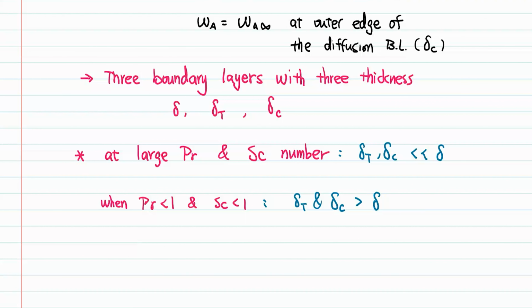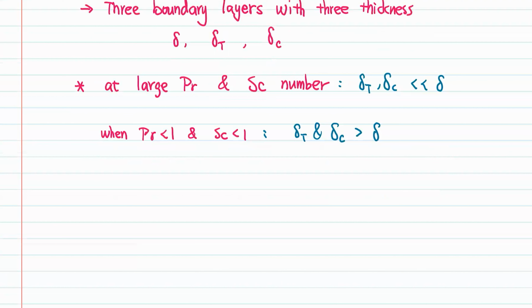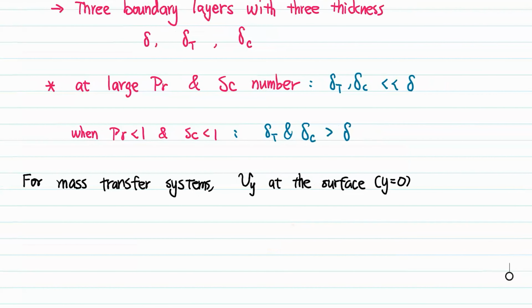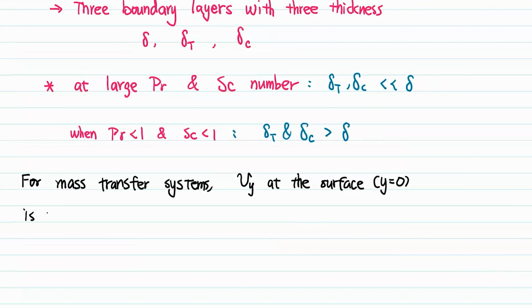So putting that into a more descriptive way, that means that for mass transfer systems, the normal velocity in the y direction at the surface, meaning when y equals 0, is usually non-zero.